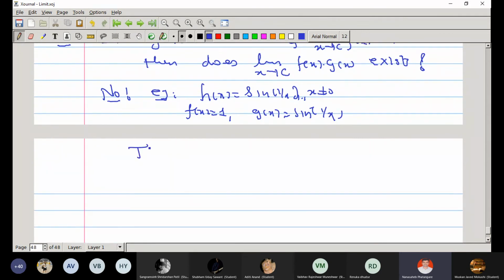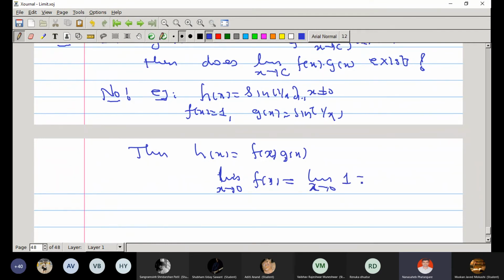Then what is h(x)? f(x) into g(x). So what is the limit as x tends to 0 of f(x)? It is 1, right?